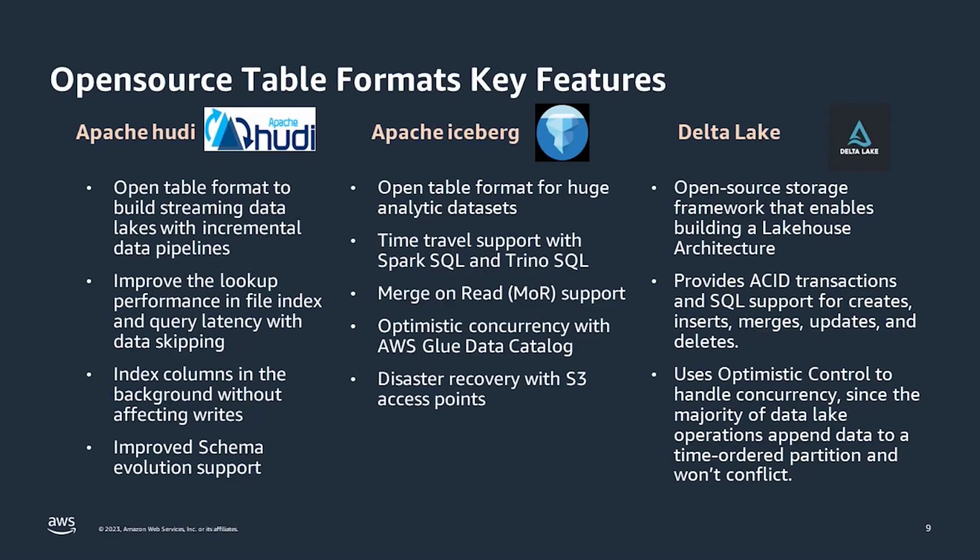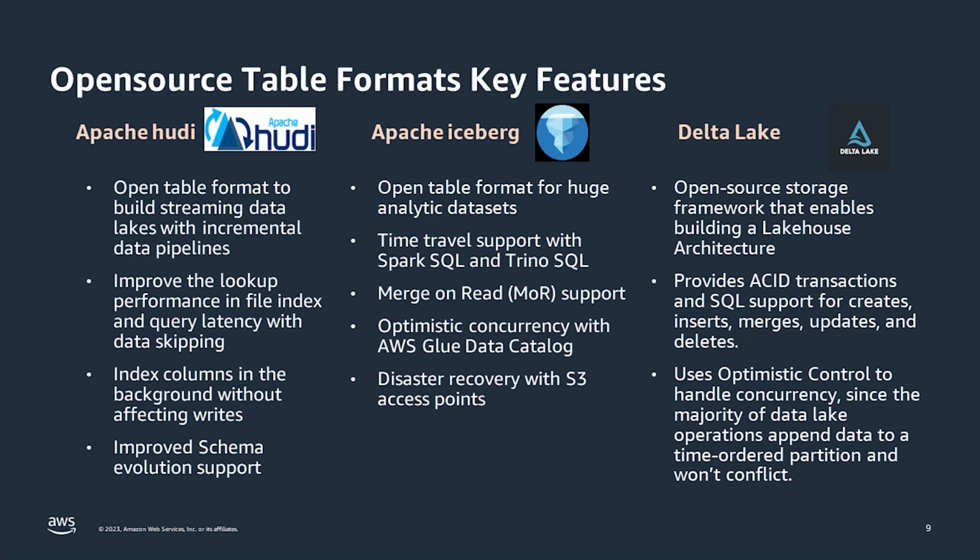And if you're looking for an open source table format for huge analytics datasets and looking for Trino SQL or Spark SQL support, you should go with Apache Iceberg, which is the right format to use at that time. And Delta Lake is always used for any lakehouse architecture, and provides you ACID transactions.